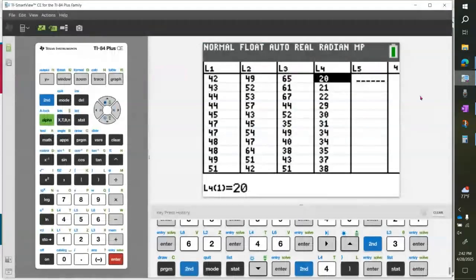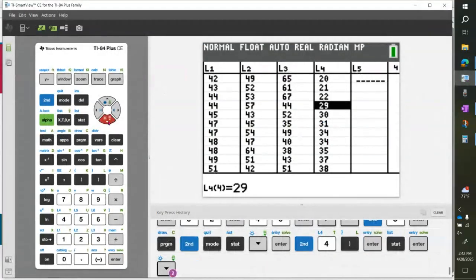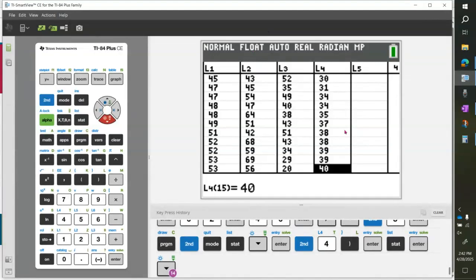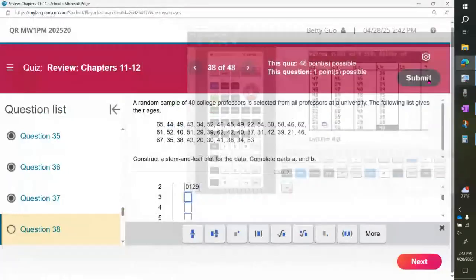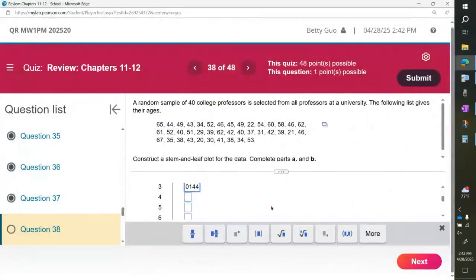And for the 30s, we're gonna have 0, 1, 4, 4, and 5, and then continue.